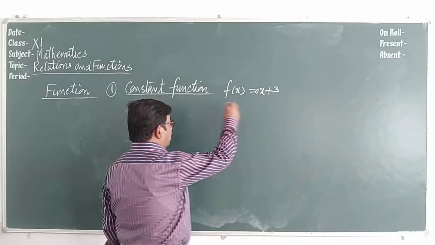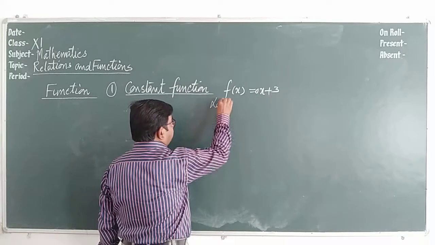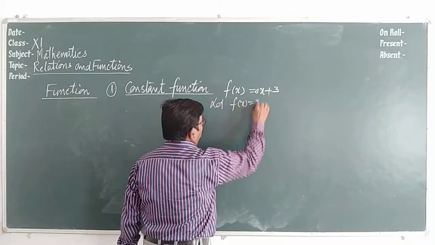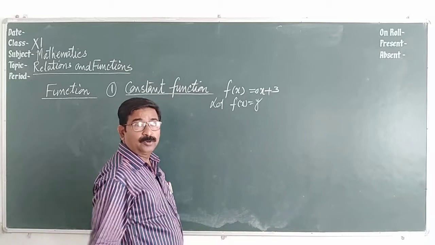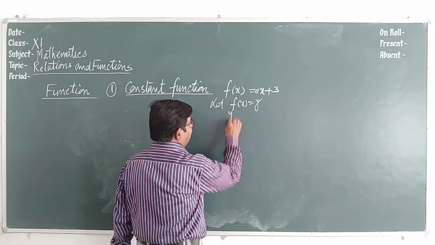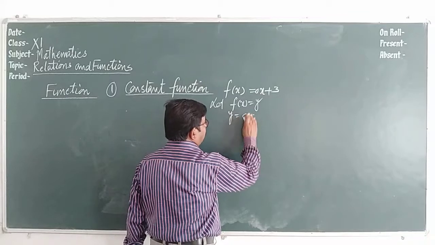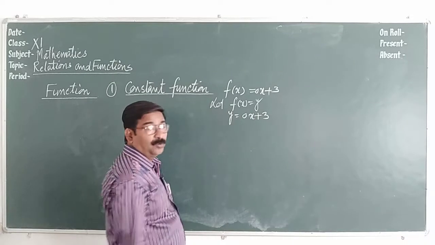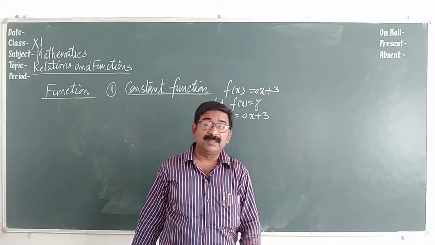We always suppose f(x) = y. Then what we have is y = 0x + 3.